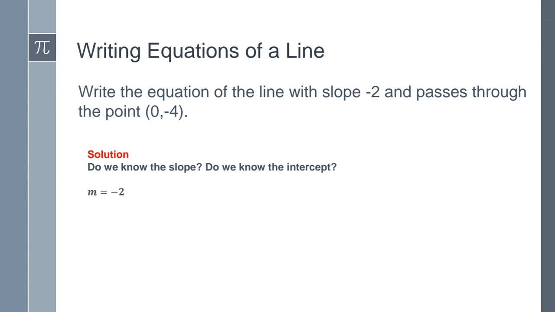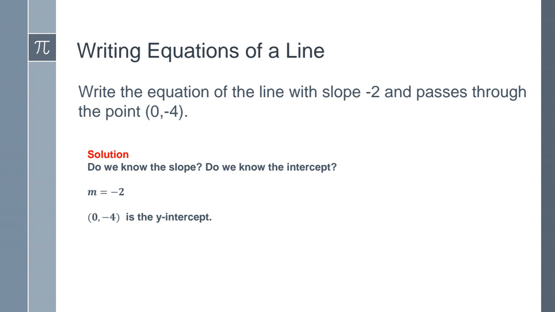They're giving us a slope, so m is equal to -2, and they're giving me a point, which, now that I'm looking at it, I don't have to use my point-slope formula, because the point they're giving me is the y-intercept. The x is equal to 0 and y is equal to -4.